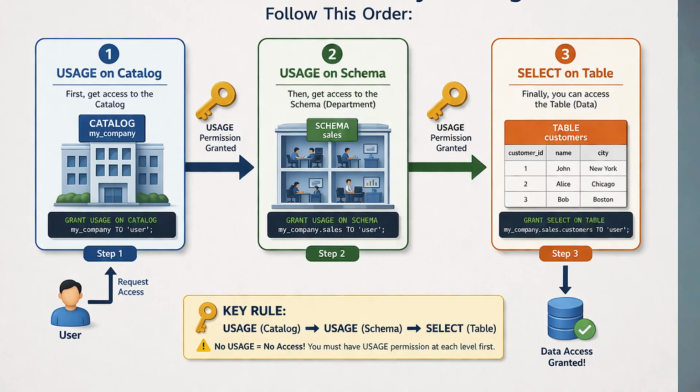In the catalog, first you have to give the permission by using the usage keyword, and then on the schema you also have to grant the permission to the data analyst or any person. Then you can select the table. This is the order if you want to access the data. If you skip any of these steps, then nothing will work in the right manner.